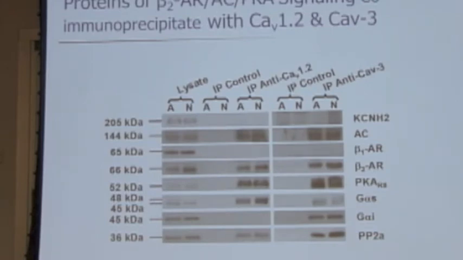One of the things that I would point out is that if we immunoprecipitate with an antibody to caveolin 3, we pull down certain signaling molecules of the beta-adrenergic adenyl cyclase pathway, including beta-2 receptors, adenyl cyclase, PKA, G-alpha I, and PP2A. But importantly, also, we can pull down L-type calcium channels as well.